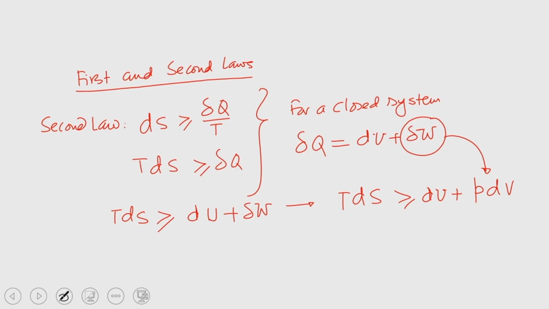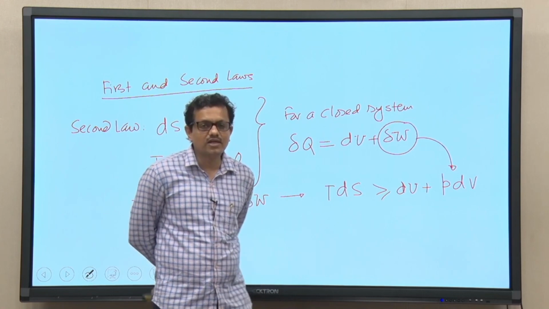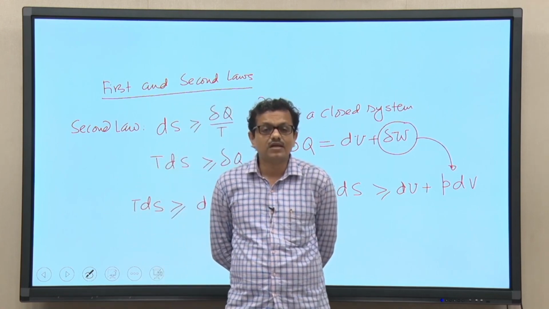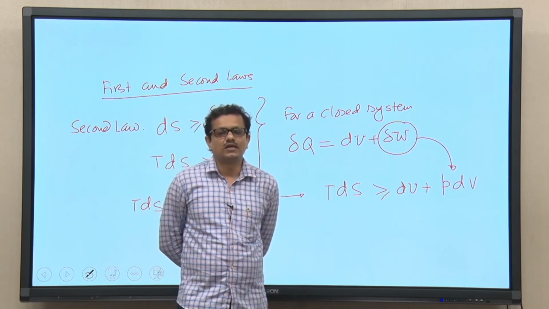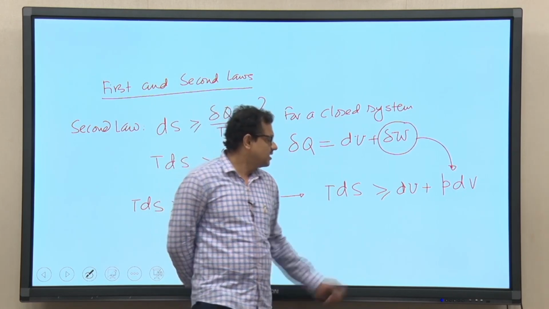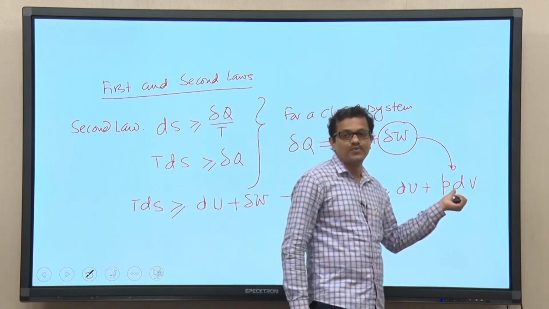Even when the system is an open system, maybe there is flow into the system, but the displacement of the system boundary is quasi static. If the work done focuses on the system boundary and the boundary moves quasi statically, that means the deviation from equilibrium is almost negligible. In that case, we still can write delta W is equal to P dV.